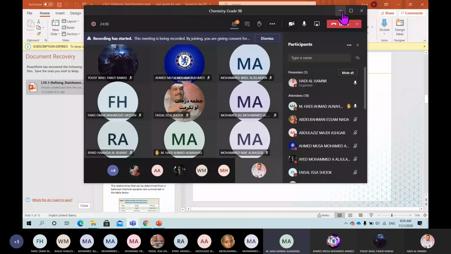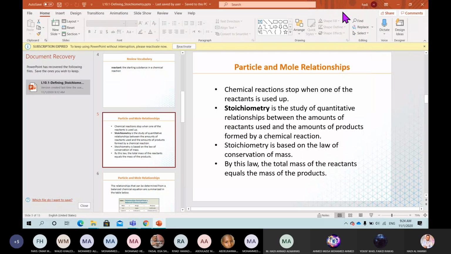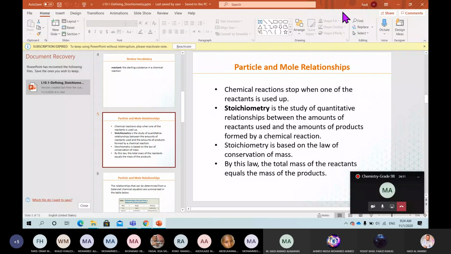So as your friend said, according to the law of conservation of mass, mass is conserved. It's neither created nor destroyed. The mass before a chemical reaction equals the mass after, or we can say the mass of the reactants equals the mass of the products. So stoichiometry depends on this law.